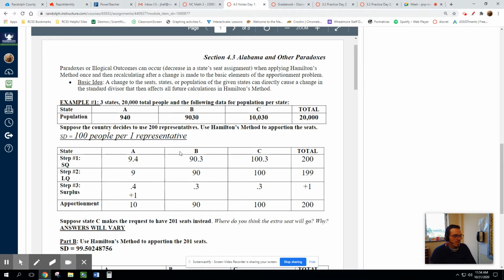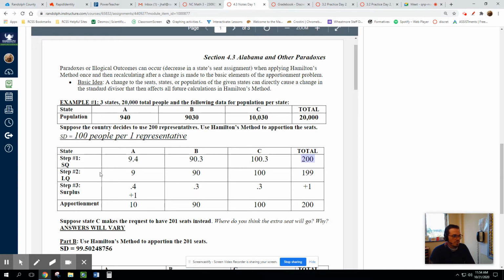So for state A, B, and C, if we were to do Hamilton's method, we will take each of their populations and divide it by our standard divisor, which is 100. Remember, you get your standard divisor by the total population, so 20,000, divided by the number of seats, which is 200, so 100. And remember, your standard quota should always equal the number of representatives or seats given.